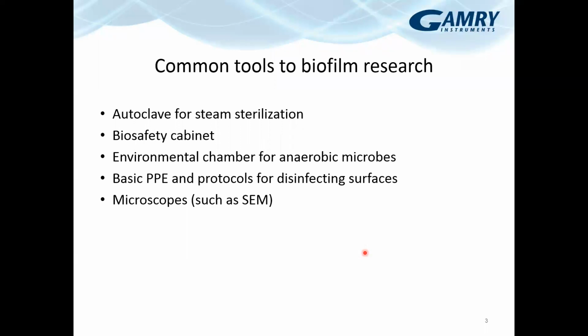Or you might be doing anaerobic work in an environmental chamber, and a good example might be iron reducing bacteria and iron reducing biofilms. And you have some kind of basic PPE and protocols for disinfecting surfaces. And most likely as a biofilm researcher, you'll have access to microscopes, whether it's your own lab's instrument or a shared resource.